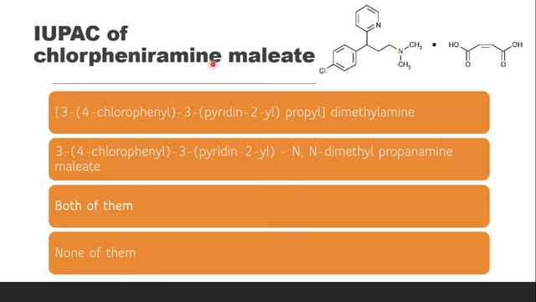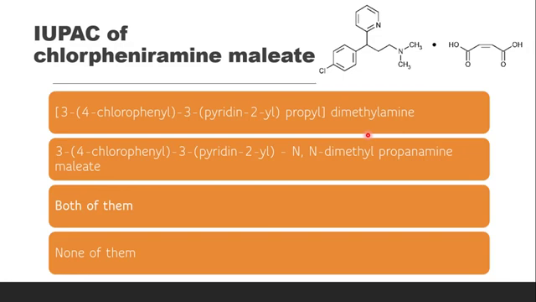Since chlorpheniramine belongs to the class propylamine, propylamine is also known as alkylamines. So if you see both these names, it is propanamine, that is propylamine, and dimethylamine, that is methylamine, is alkylamine. So it can be named in two ways.